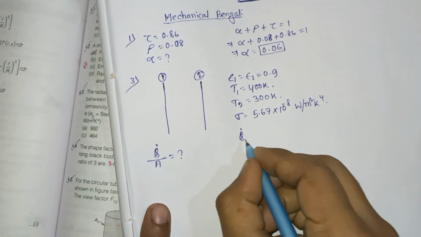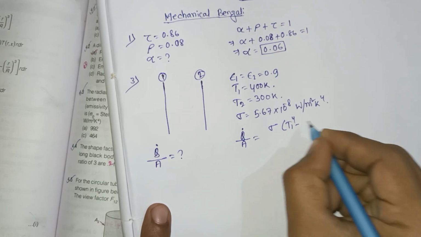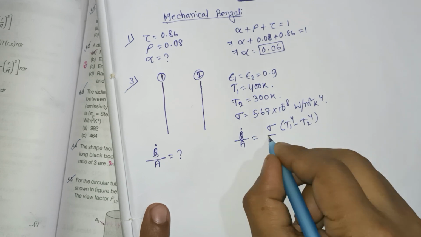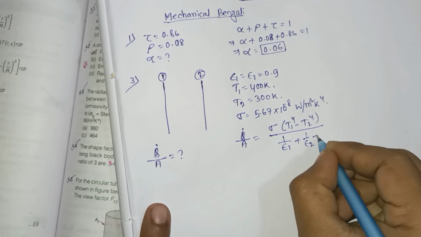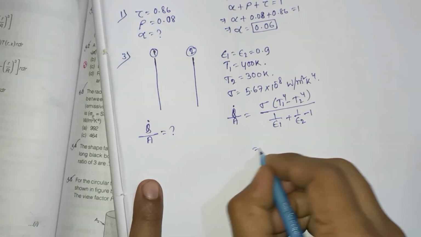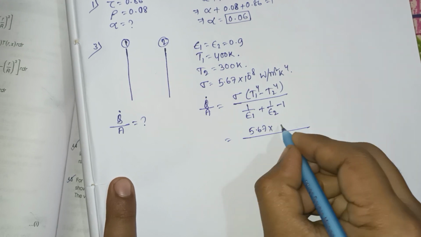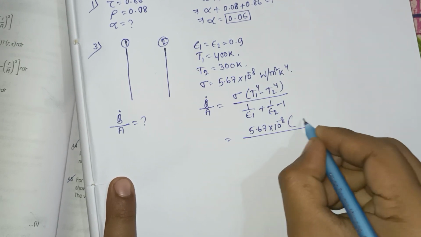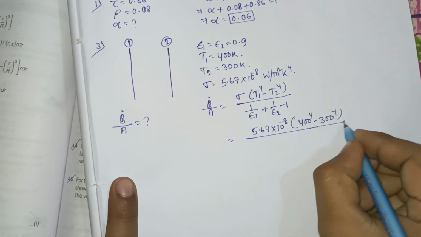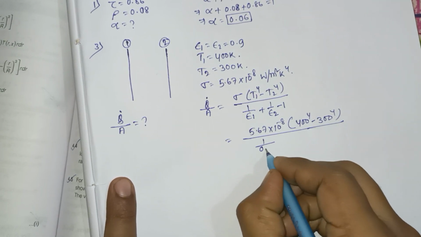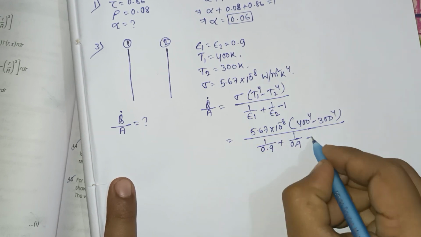The formula of Q dot by A is equal to sigma times T1 to the power 4 minus T2 to the power 4, divided by 1 by epsilon 1 plus 1 by epsilon 2 minus 1. Putting in the values, sigma is 5.67 into 10 to the power minus 8, 400 to the power 4 minus 300 to the power 4, divided by 1 by 0.9 plus 1 by 0.9 minus 1.